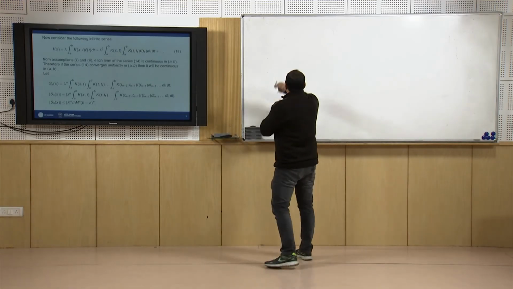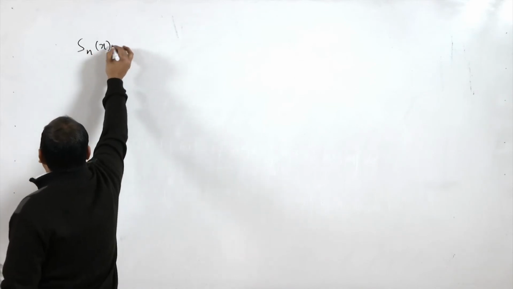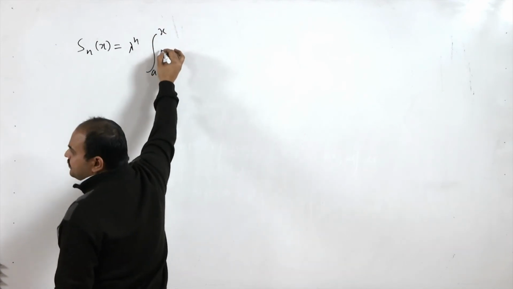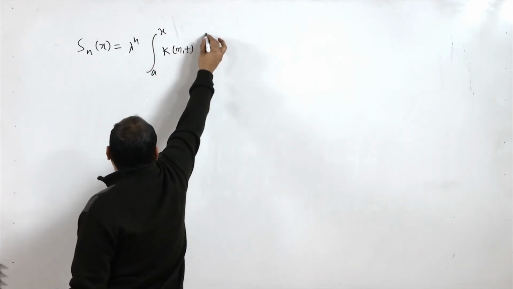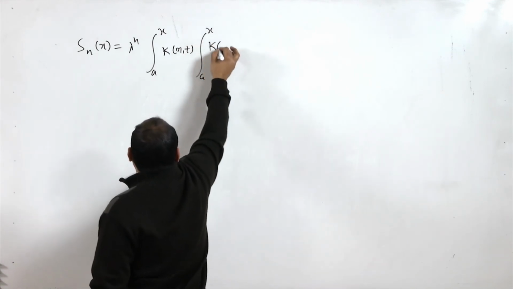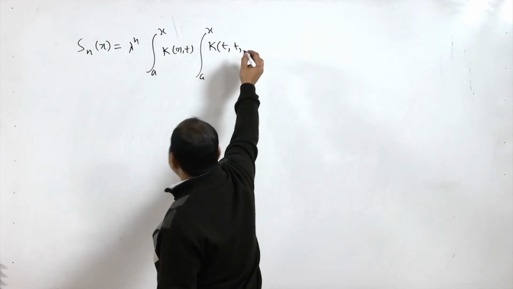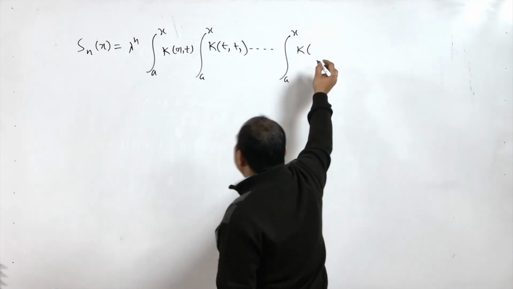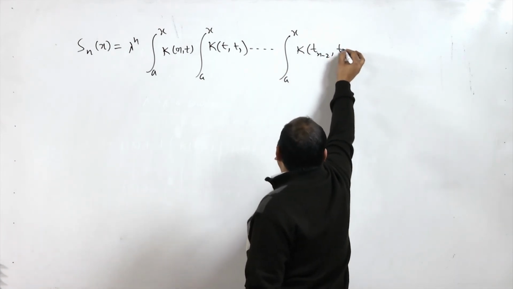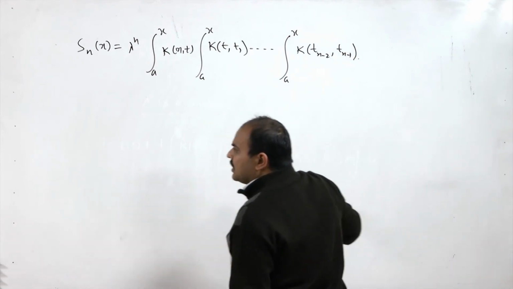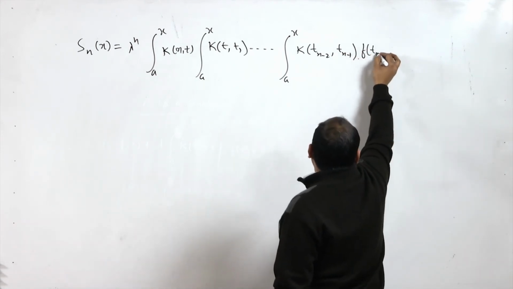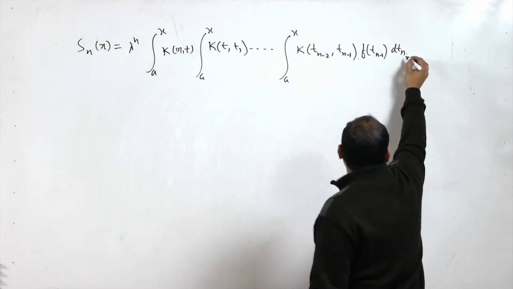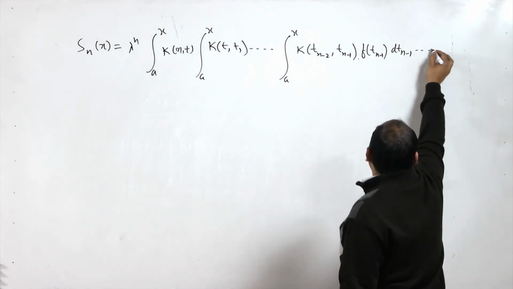Let me write the expression for S_n(x). S_n(x) is lambda to the power n, integral from a to x of k(x,t), integral from a to x of k(t,t1), and so on, integral from a to x of k(t_{n-2}, t_{n-1}) f(t_{n-1}) dt_{n-1} up to dt.